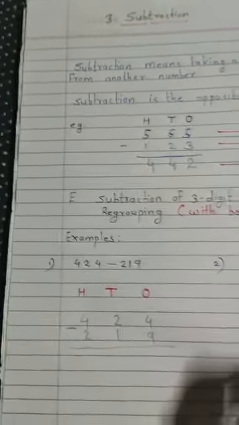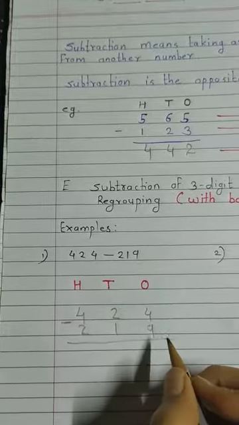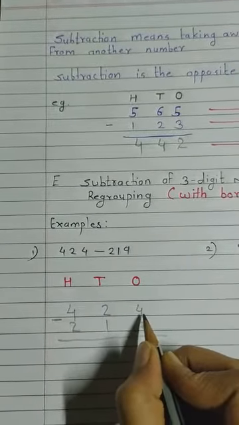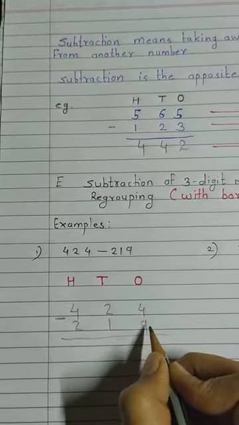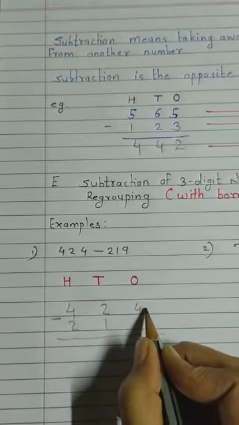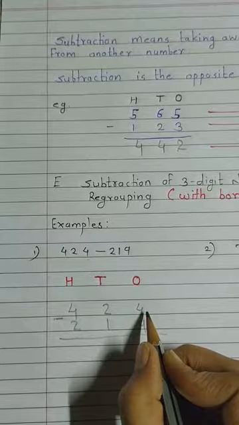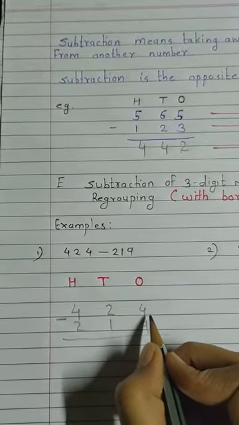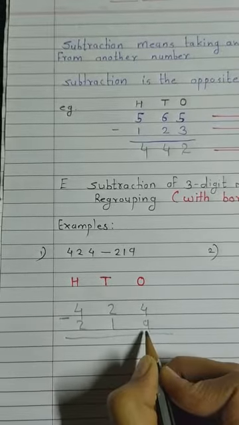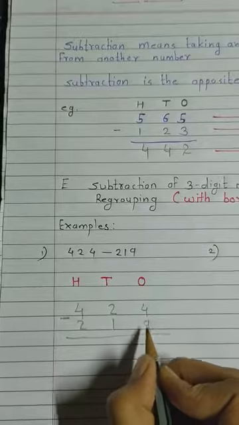Now do the subtraction. I already told you that subtraction always starts from the ones place. We first check that the first number should be bigger than the second number. Here 4 and 9 are there. We can't subtract 9 from 4 because 4 is not bigger than 9.